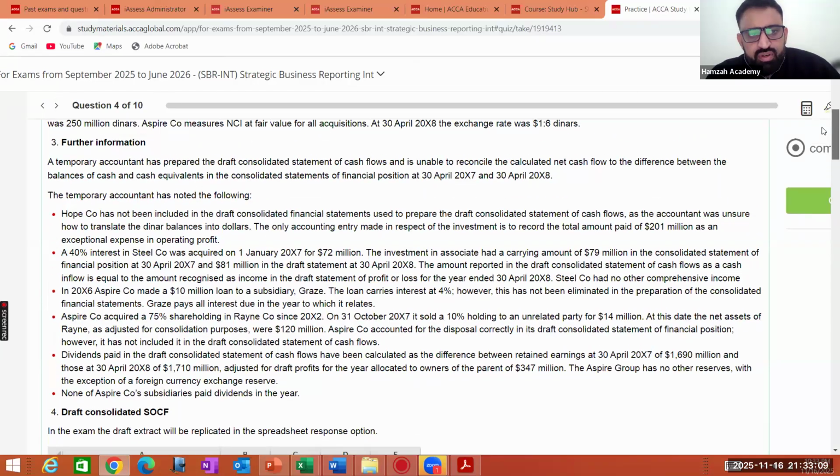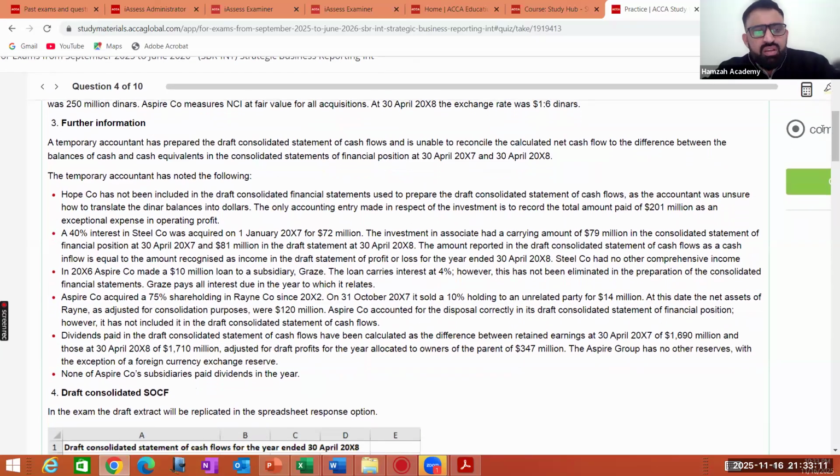Now, further information. A temporary accountant has prepared the draft consolidated cash flow and is unable to reconcile the calculated net cash flow to the difference between the balance of cash and cash equivalent in the consolidated statement of financial position at 30th April X7 and 30th April X8. The temporary accountant has noted the following.